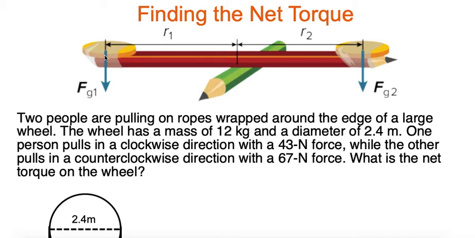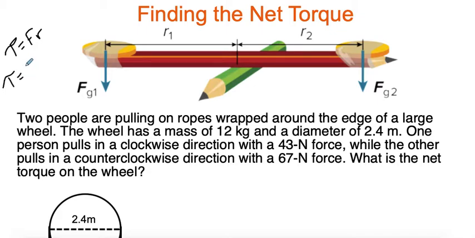So if we want to find net torque, then we have to find torque on the left and then torque on the right. Okay, so our equation for torque, let's just write that down off to the side. So torque is force times a radius, and there's also a modification to that equation if we have an angle.